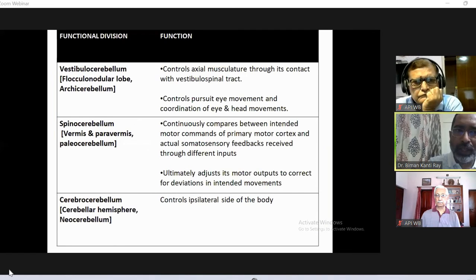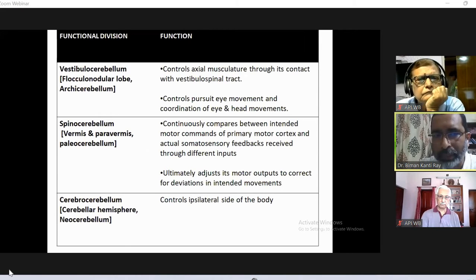Next, for clinical purpose, we have to know the basic functions of these different functional divisions of the cerebellum. The vestibulocerebellum mainly controls the axial musculature through its contact with the vestibulospinal tract.